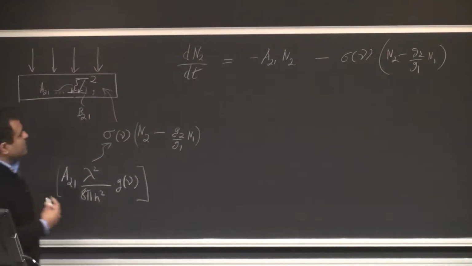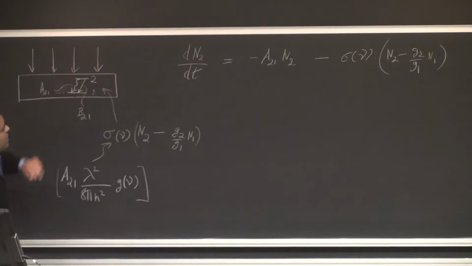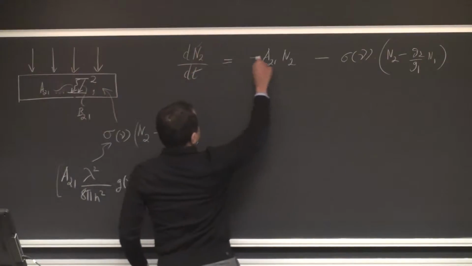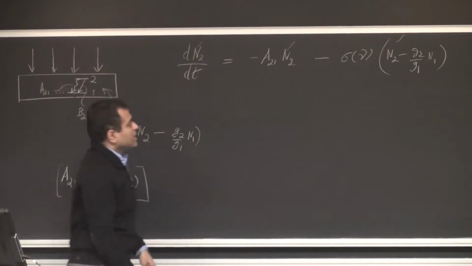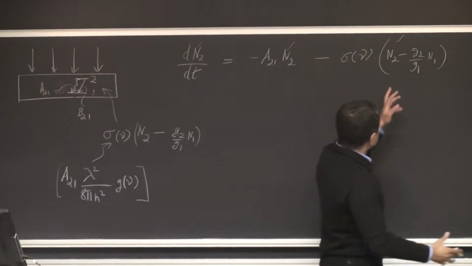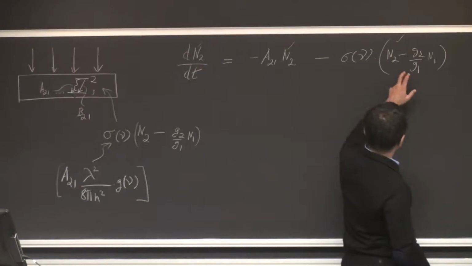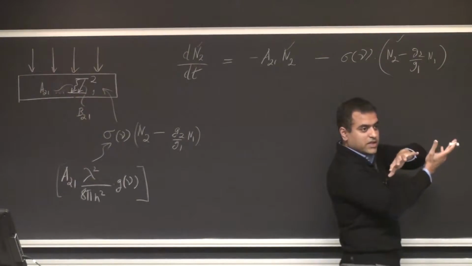And so that's the rate equation for the number of atoms in state 2 and state 1. They are obviously related. And when you are building up towards lasing, some of the tricks you play are to make N2 very large and N1 very small, so that all the atoms are population inverted.